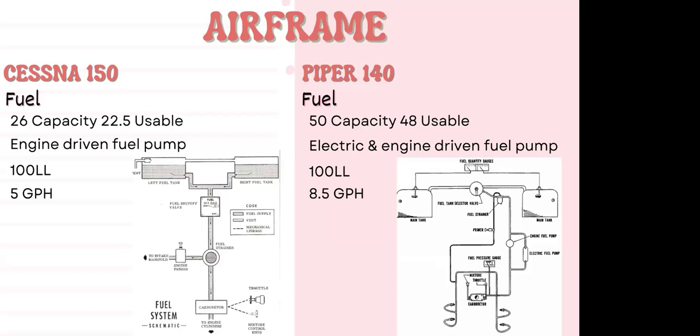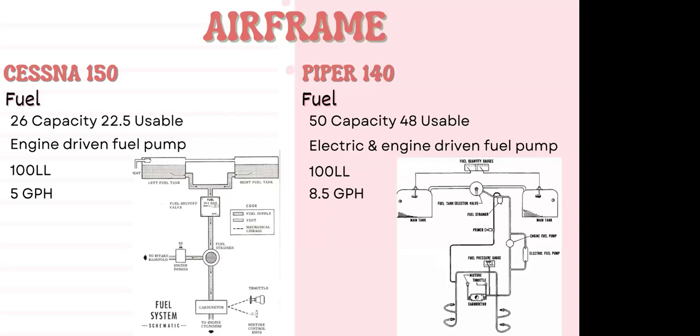That doesn't change, but they're saying theoretically only 22.5 of those gallons are usable due to your legal limitations. So when you're doing your calculations for weight and balance, you're just going to be using the 26-gallon total capacity, because just because you can't use it doesn't mean it isn't there.